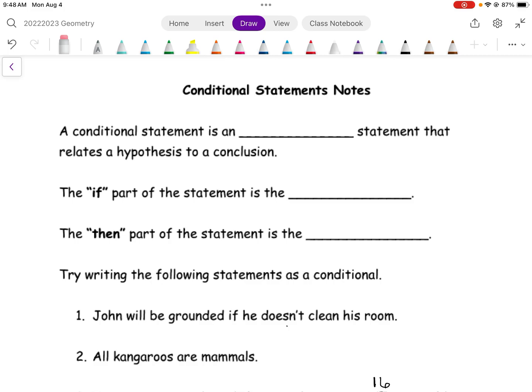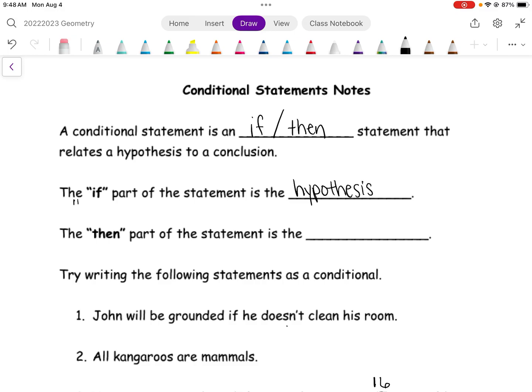So first off, a conditional statement is basically an if-then statement. And it relates a hypothesis to a conclusion. So let's talk about those two words. The if part, so what comes after the if, is the hypothesis.